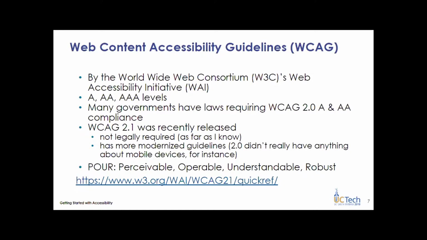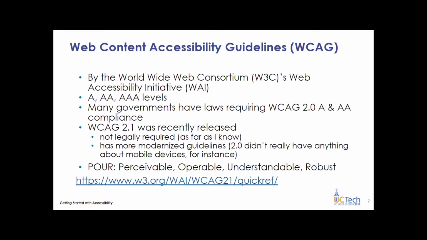WCAG has 3 different levels called the A, AA, and AAA levels. The A level is basic, kind of in order to be accessible at all, it needs to meet these things, and then the next 2 are increasing on that, and A and AA are the ones that are required by law. When possible, though, it's always good to include the AAA ones because that makes what you're making more accessible.